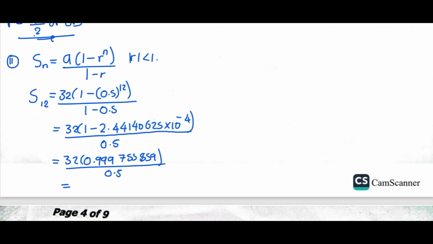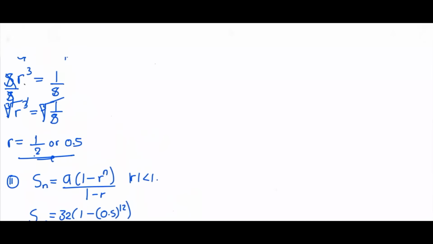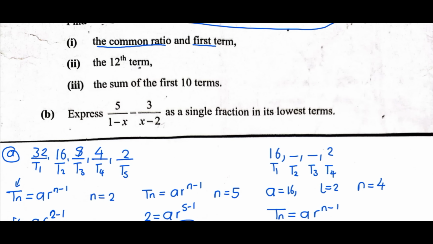Then this number times 32, I'm getting 31.9921875 over 0.5. So divided by 0.5, I'm getting 63.98 as our sum. So that is our answer.